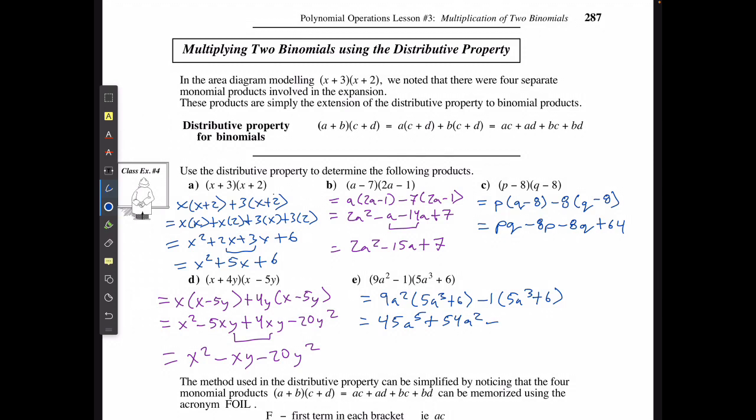Negative 1 times 5a cubed is going to give me negative 5a cubed. And negative 1 times 6 is going to give me negative 6. And once again, no like terms in this case.